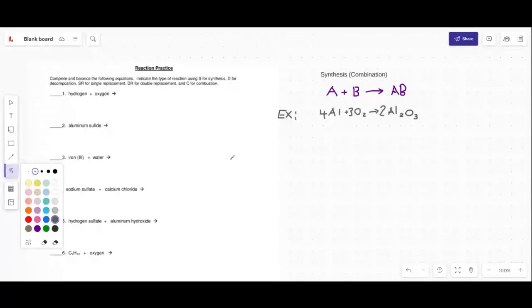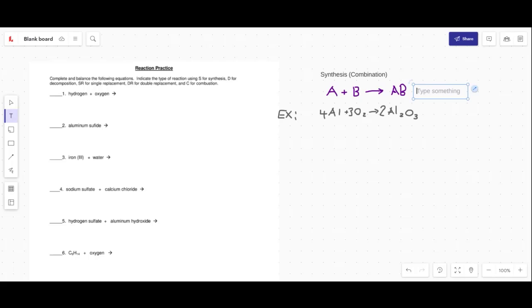Notice that the key thing to notice is it's always only one product. So a synthesis reaction always has only one product. Okay? Next.